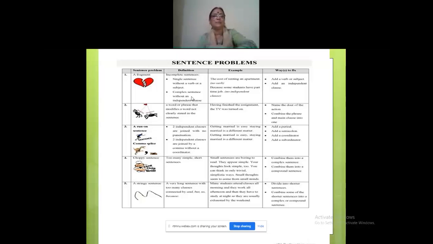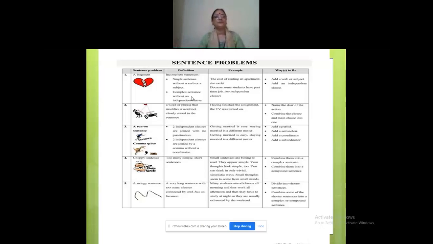Now the first example is two independent clauses, no punctuation. Getting married is easy. Staying married is a different matter. Now, getting married is easy, staying married is a different matter. These are two different thoughts completely. So, getting married is easy, full stop.